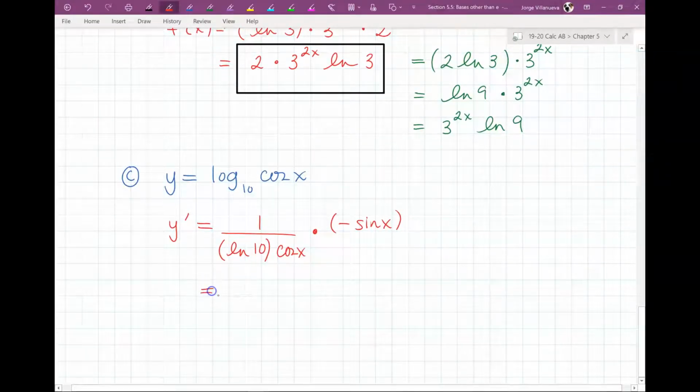Now, if you're looking at that, negative sine of x on top of a cosine of x becomes a what? It becomes a tangent, right? Negative tangent. So this will be negative tangent of x over ln of 10.